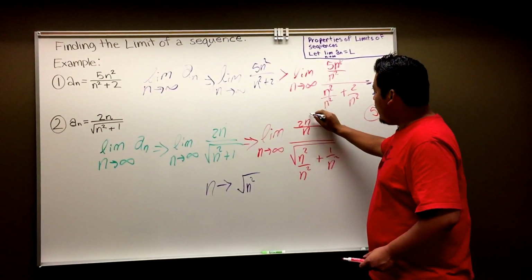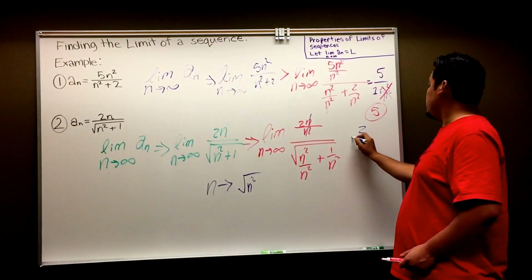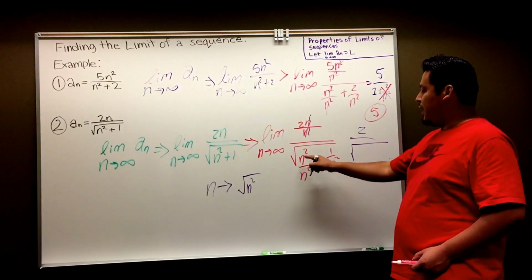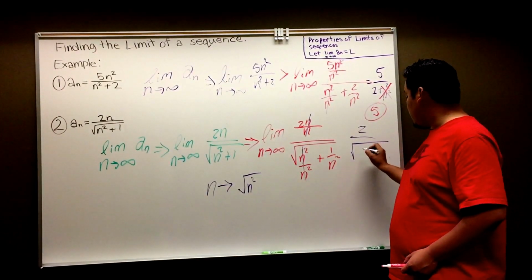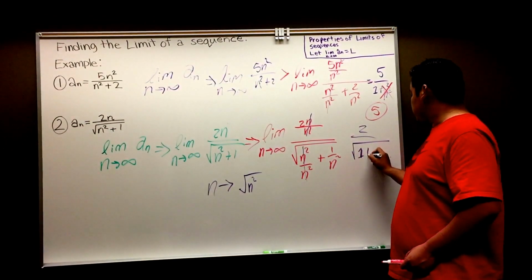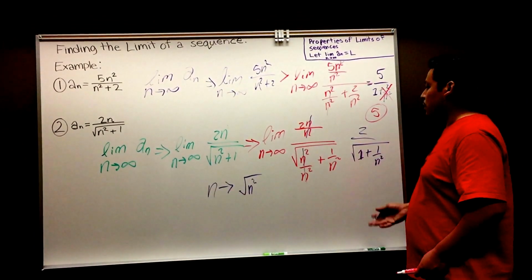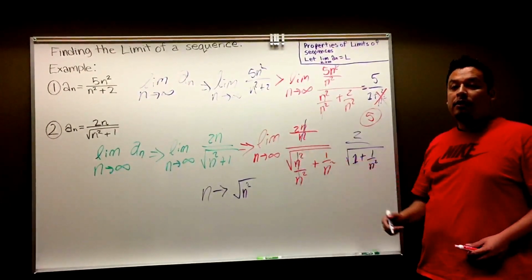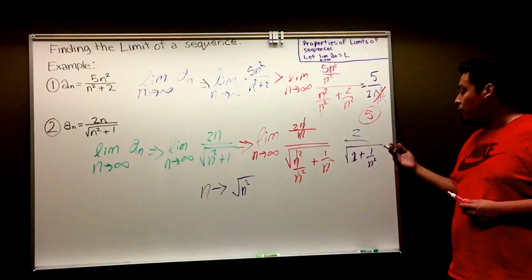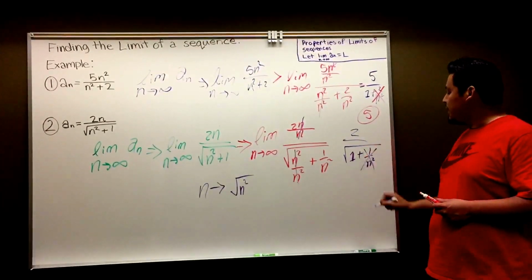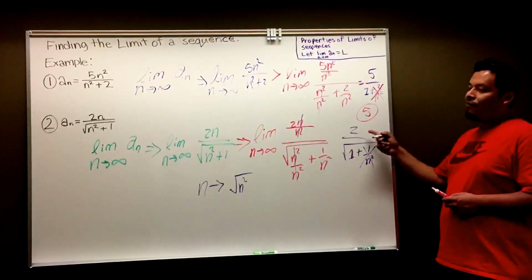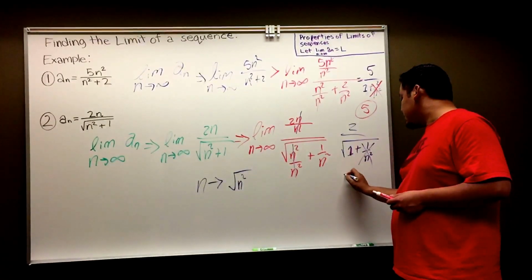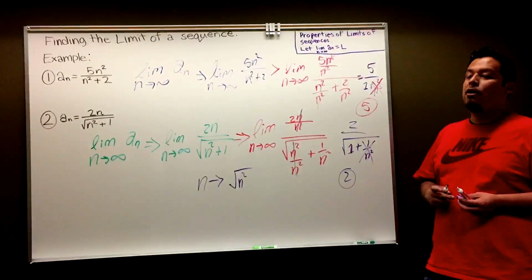So we can cross out the n's and we end up with 2 over the square root, and then n squared over n squared becomes 1 plus 1 over n squared. Like the previous example, when we plug in infinity for our n, this term cancels out. And then we're left with 2 over the square root of 1, which simplifies to 2. That will be our limit.